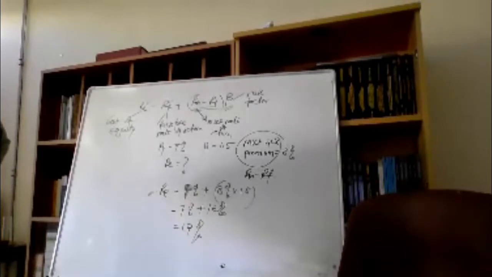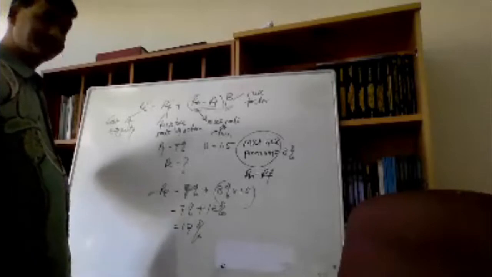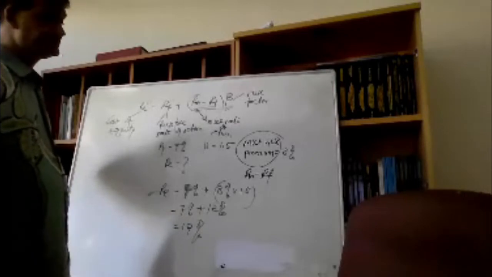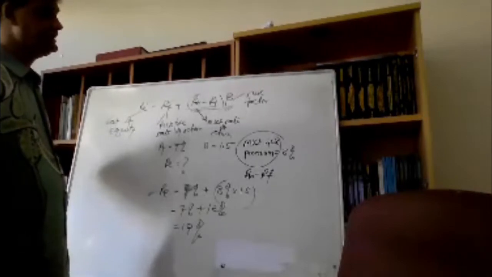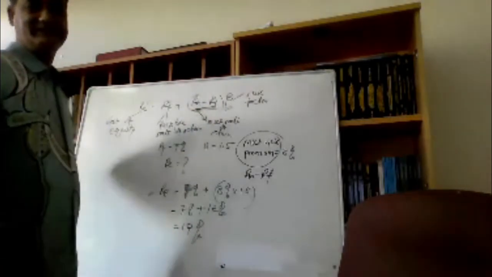Is it clear now? Anyone has a question? So if the question states the market risk premium, we just have to calculate directly, lah, sir? Yes, meaning that RM minus RF is given.